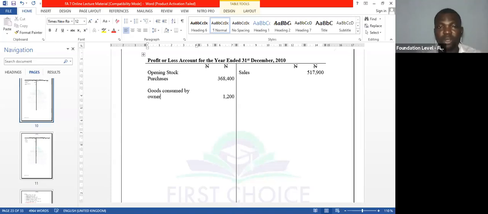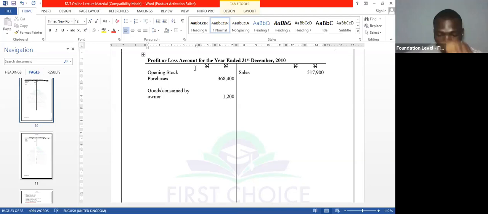So we move on. The next one that we have is return inwards. Return inwards means that we have made sales before and now they are returning goods to us. So the sales that we have made is not the actual sales. We need to reduce the sales by the value of the items that were returned to the company.